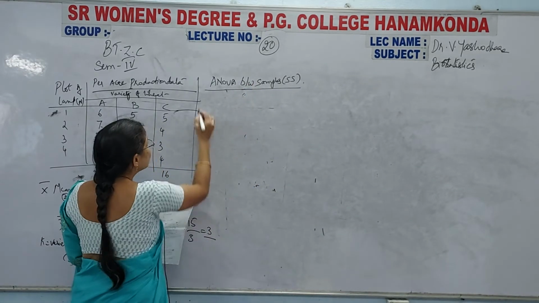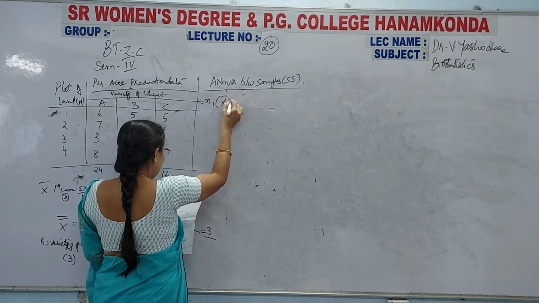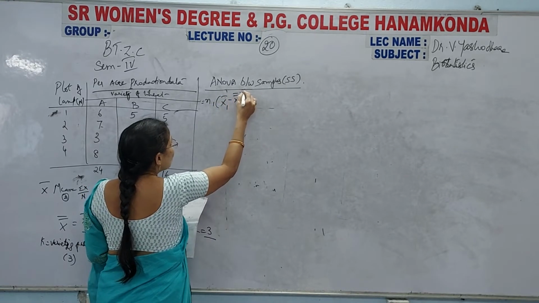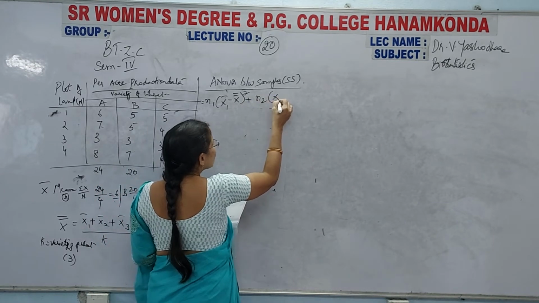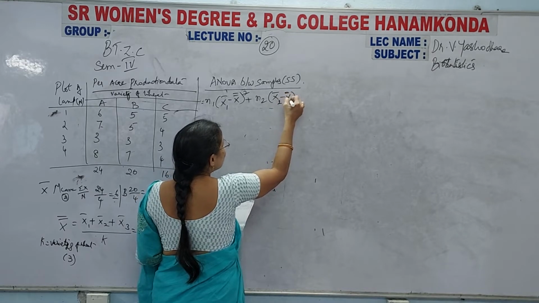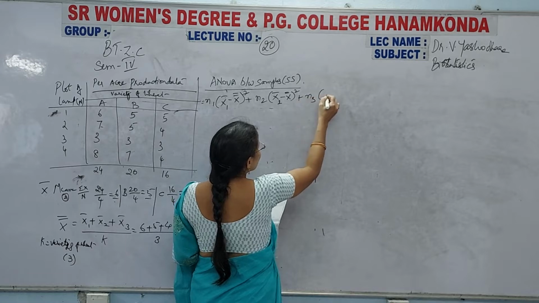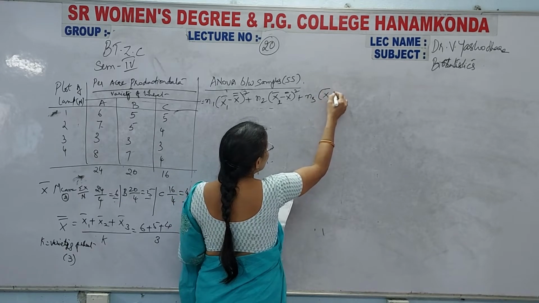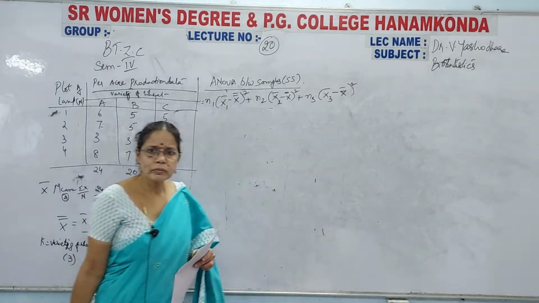Now what you have to do is, it is equal to n1 times x bar 1 minus x double bar whole square plus n2 times x bar 2 minus x double bar whole square plus n3 times x bar 3 minus x double bar whole square.